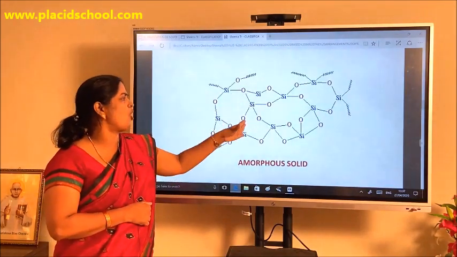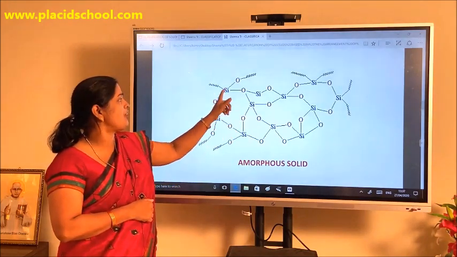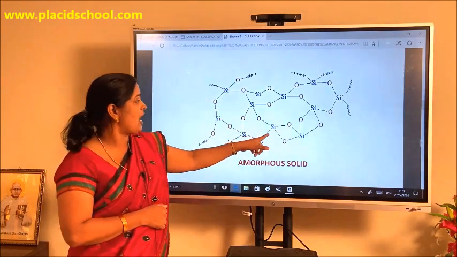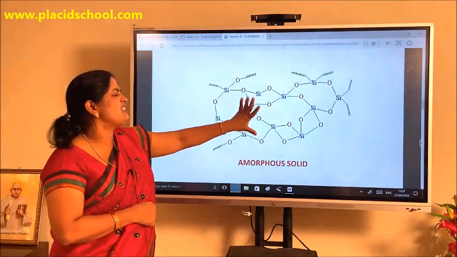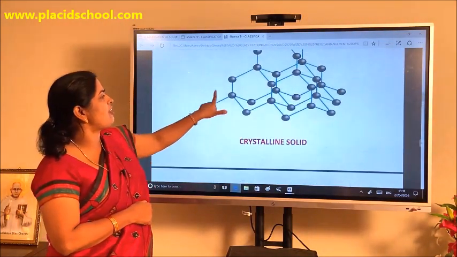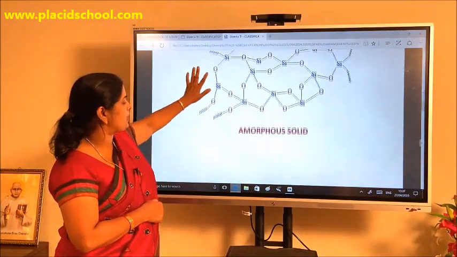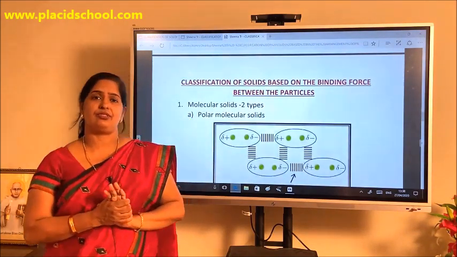Here we cannot draw a specific pattern. Here 1, 2, 3, 4, 5, 6, 7, 8 lines can be seen in a single unit, and here only 4 lines. So in amorphous solids, it is not arranged in an ordered fashion, and in crystalline solids, everything is in ordered fashion.